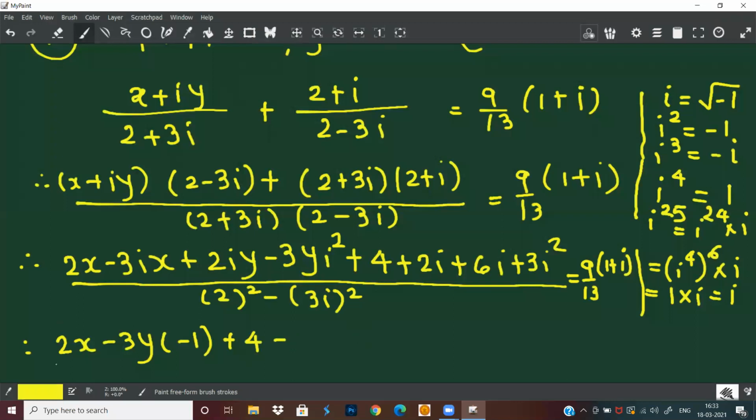The whole real part, that is without i, and all the i terms together.